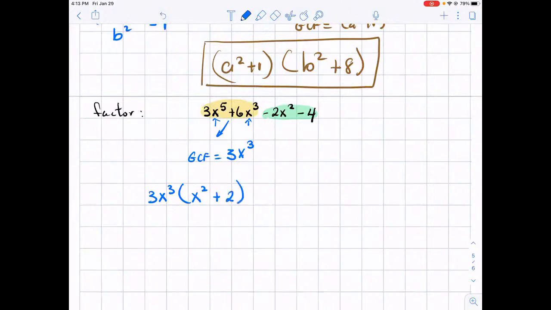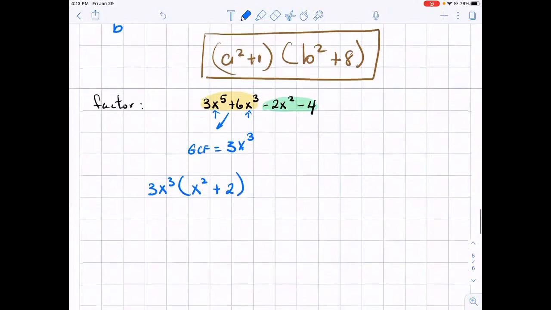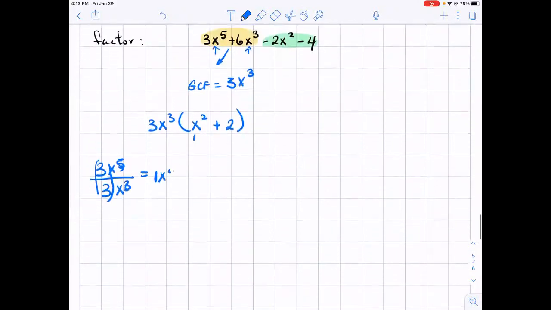And you may want to do this scrap work on your side, right? Well, how are we getting this x squared here? Well, we're taking 3x to the 5th, and we're dividing by our GCF. 3 divided by 3 is 1, and x to the 5th divided by x cubed becomes x squared. That's where I am getting my 1x squared from.